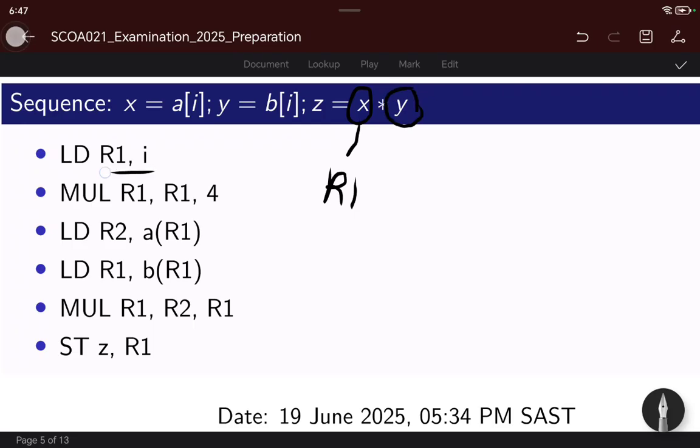Let me see. X was R1, then I multiply by the contents, then this is X was R2, and then Y is R1. Yeah, so we see this. So Y is R1.